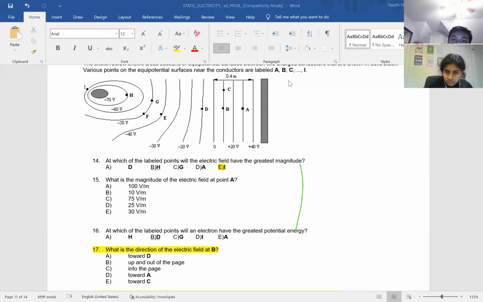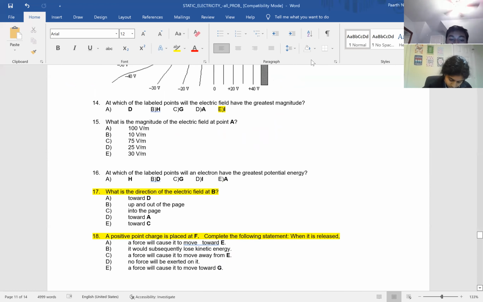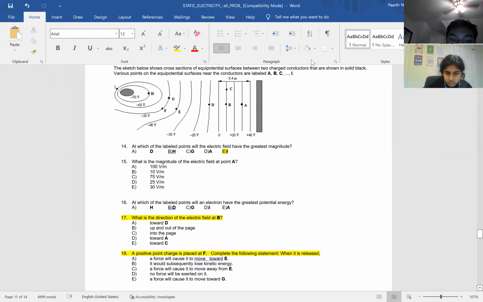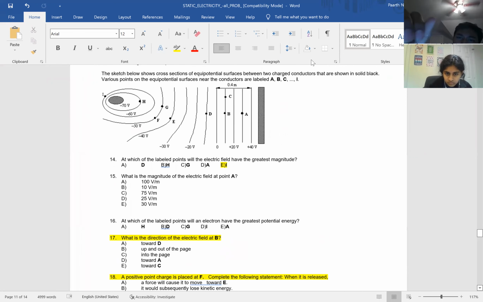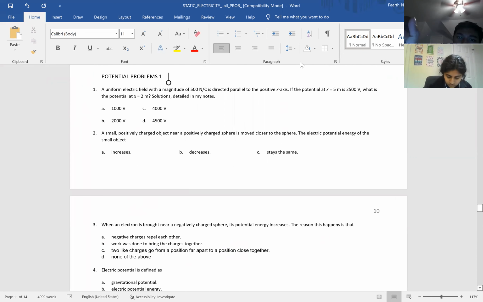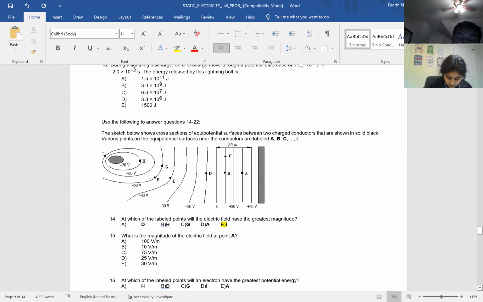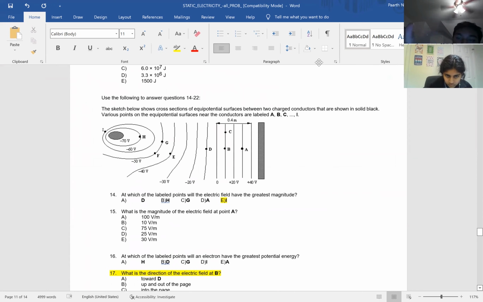Okay, and then a positive point charge is placed at F. When it is released, what would happen? So, like I said earlier, the left side is the negative side because of the negative voltage. Really quickly, let's go through why it's the negative side.